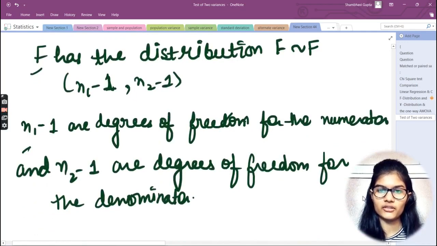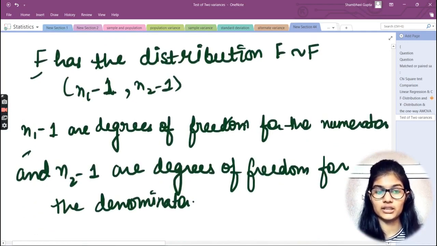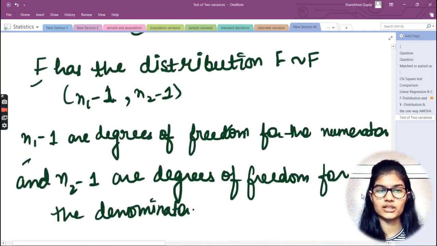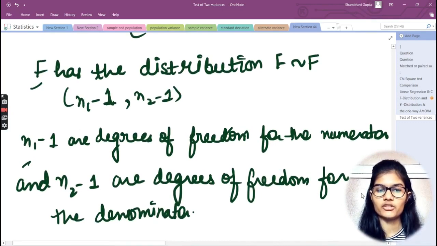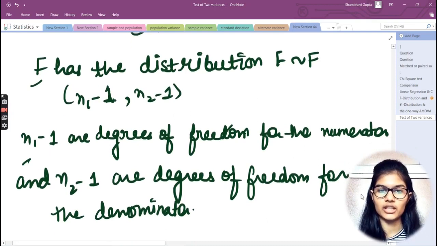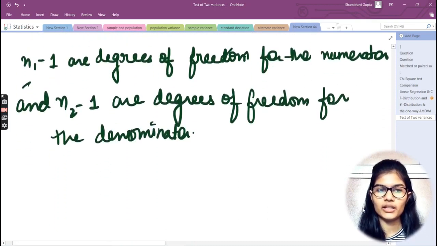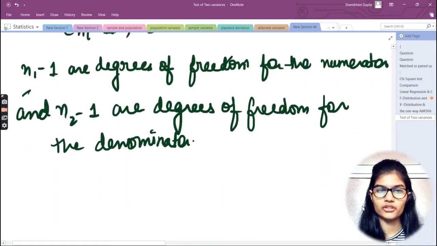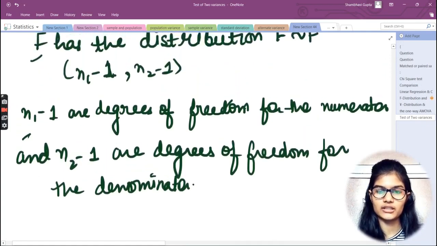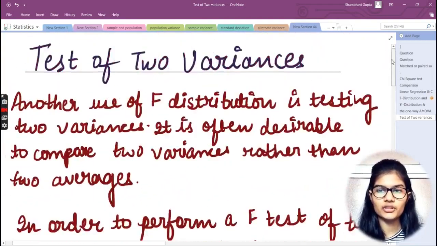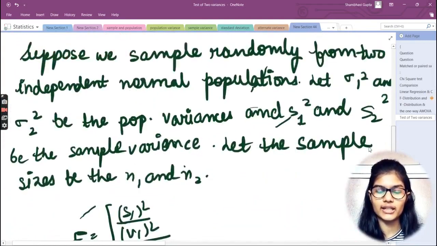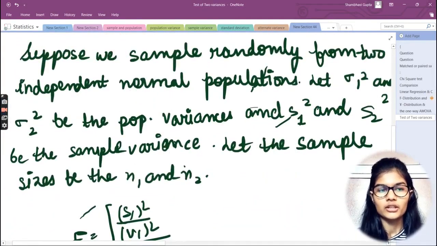So it has a distribution F, and inside that we have N1 minus 1 comma N2 minus 1. Then n1 minus 1 are degrees of freedom for the numerator and n2 minus 1 are degrees of freedom for the denominator. Right, so hope I am very much clear with whatever I just referred regarding the F distribution. So this is all for this video. Till then, thank you and take care.